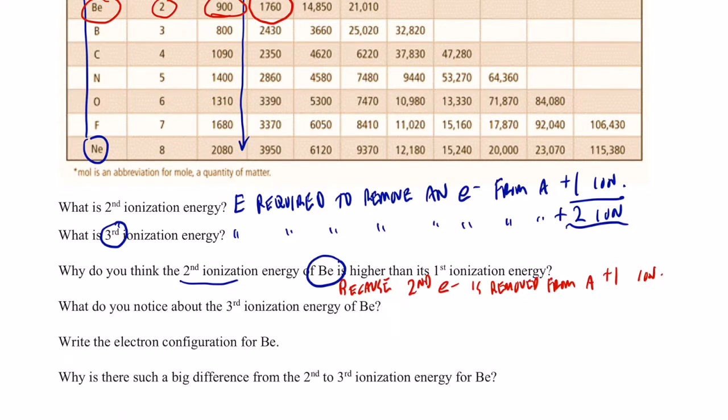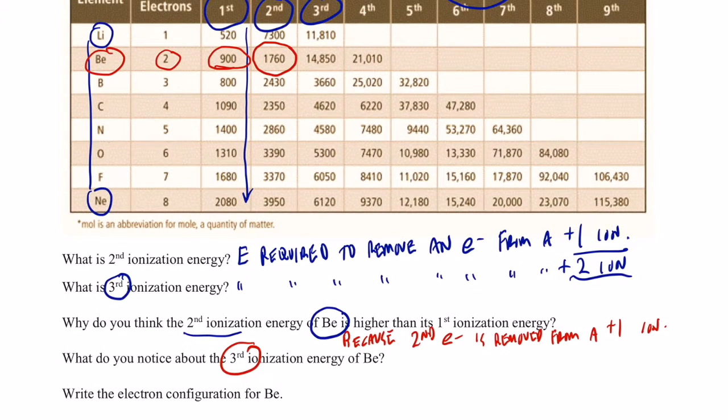All right, now let's look at the third ionization energy for beryllium. The third is 14,850 kilojoules per mole. That is a huge increase from the second ionization energy. So I think there's more going on than just taking it away from a positive 1 ion like we did in the previous ionization.